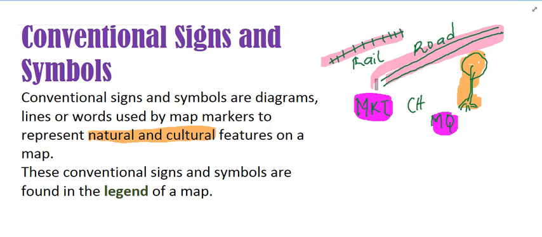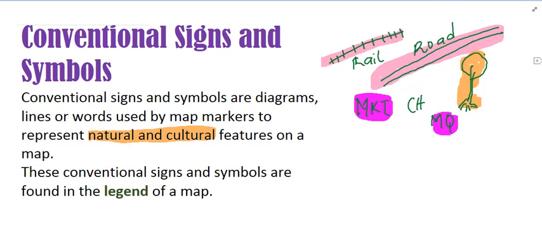So map makers use these as conventional signs to add meaning to our map. And these conventional signs can be found in the legend of a map. You see, I just had to bold this so you can see they can be found in the legend. In our subsequent videos, we'll talk about the legend of a map. That shouldn't be a problem for the meantime, but just understand that conventional signs are those diagrams, lines or words which we can use to make more sense of our map.